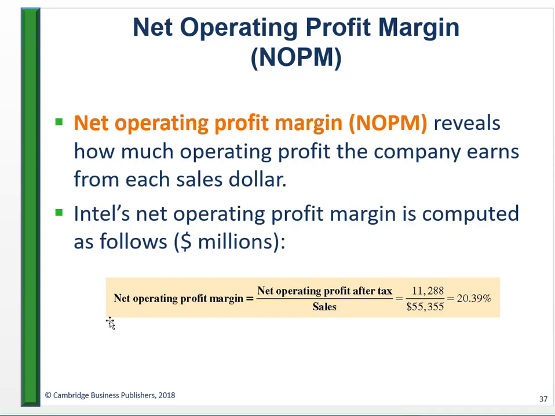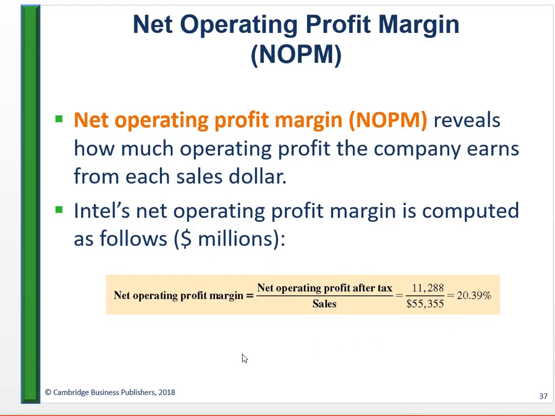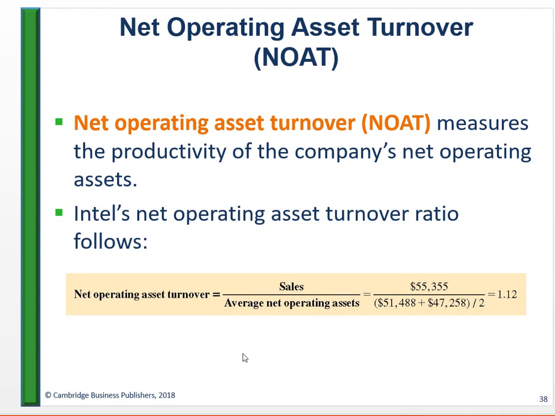And that yields a net operating profit margin equal to net operating profit after tax, which was that 11.2 number that we calculated for Intel divided by total sales. 55 billion gives us a net operating profit margin of 20.39%. Doing the same thing for net operating asset turnover yields a 1.12 asset turnover ratio.